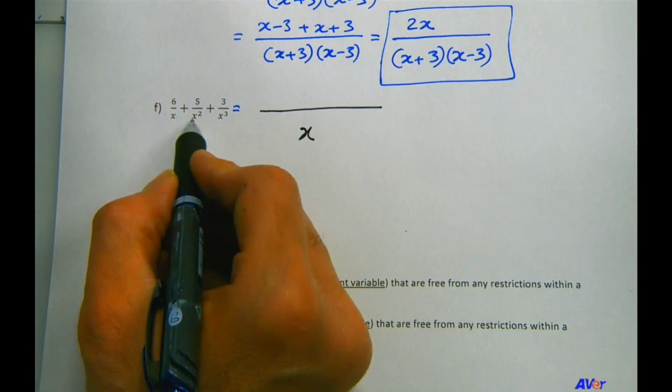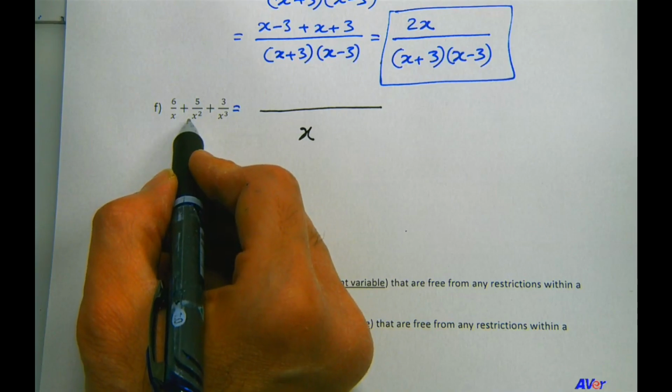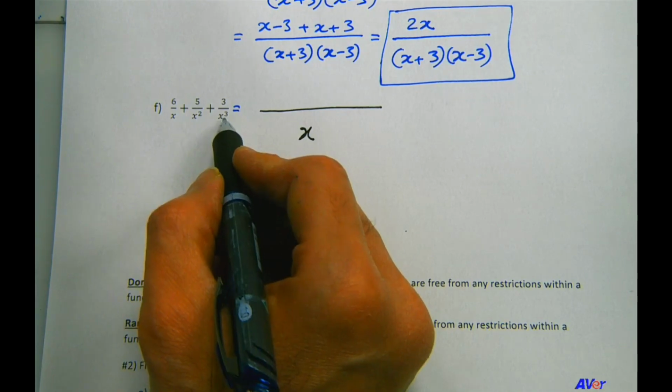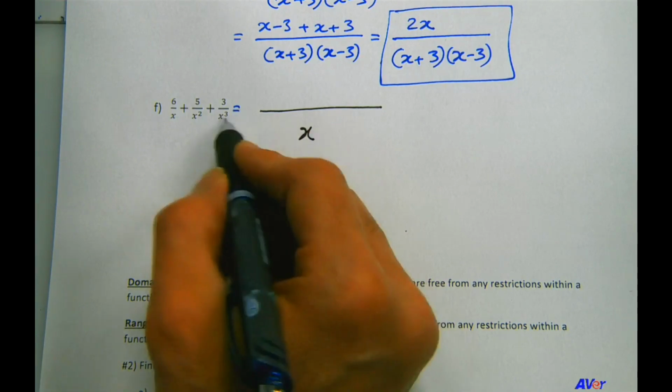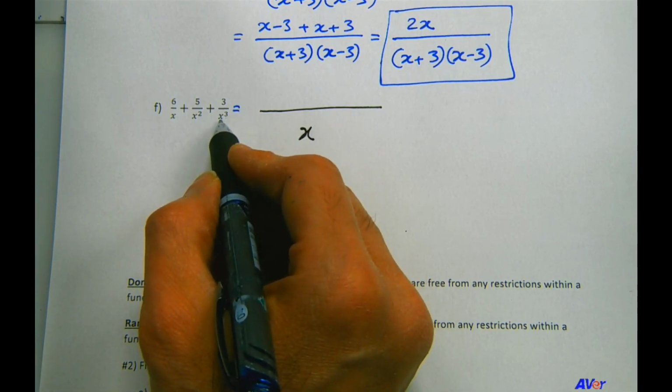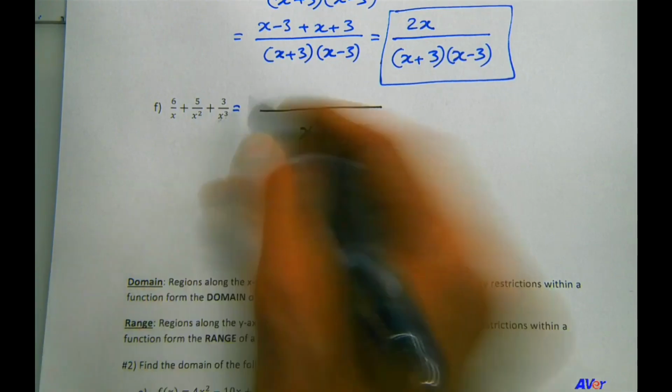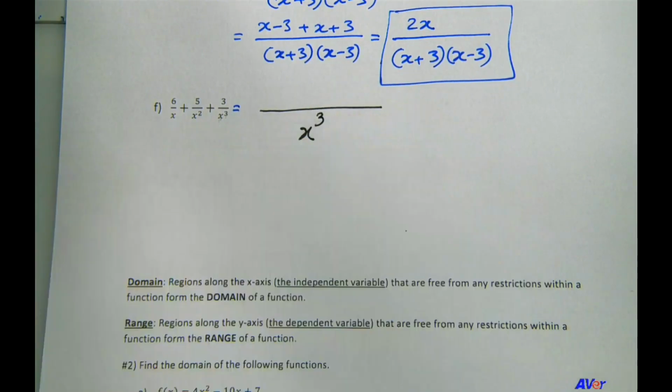This one is x times x, so it has 2x as factors. This one is x cubed, so x times x times x, x as a factor of itself 3 times. So you take that denominator that has the factor in the largest number of times as the common denominator. So x cubed will be our common denominator.